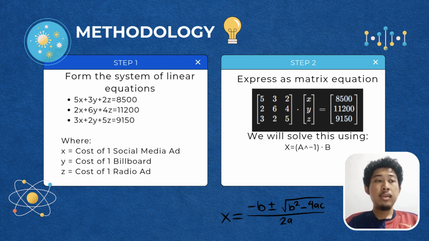Okay, so the first one is matrix A that we have just gotten from the system of linear equations, and now we want to solve this using X equals A inverse multiplied by B, and that's it for the first and second step.